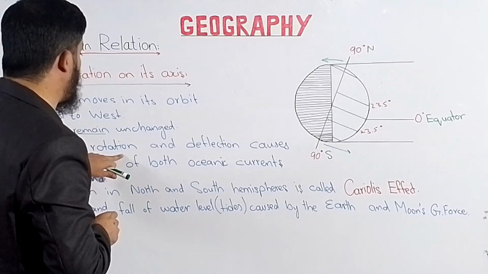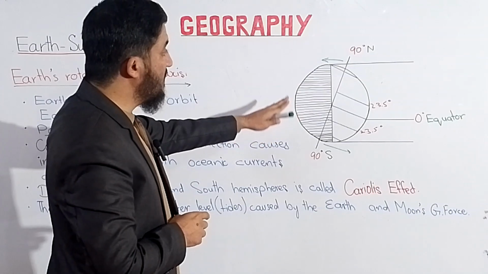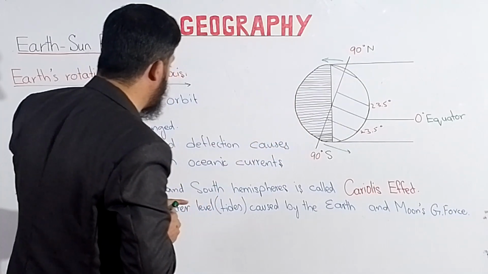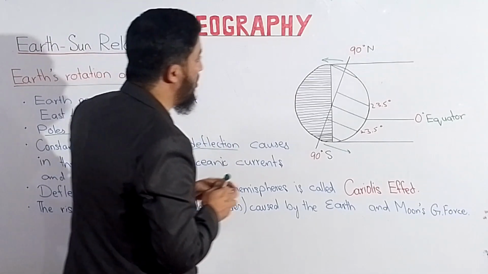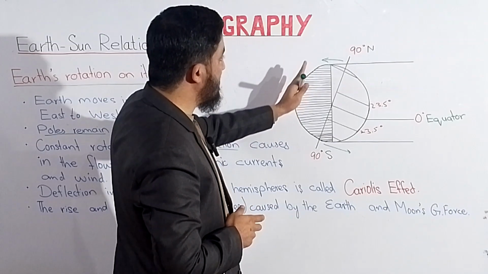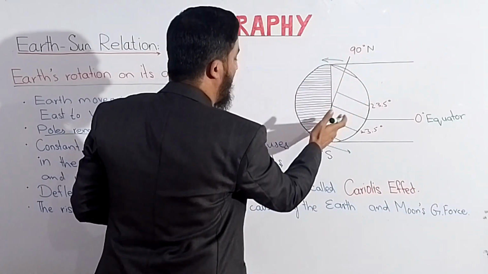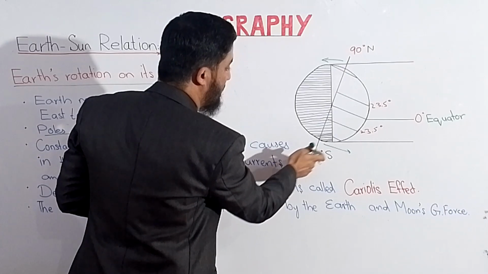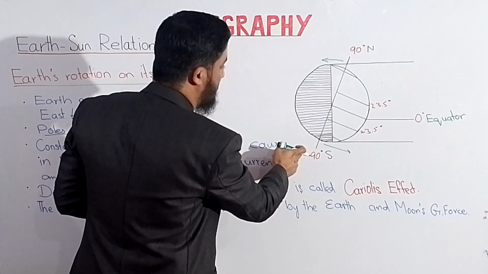And this constant rotation of the earth from east to west has caused a deflection. देखें ये नॉर्थ एंड साउथ पोल बिल्कुल स्ट्रेट नहीं है, बिल्कुल वर्टिकल नहीं है, and it has a deflection rightwards in the north hemisphere and in the south hemisphere it has the deflection towards the west.